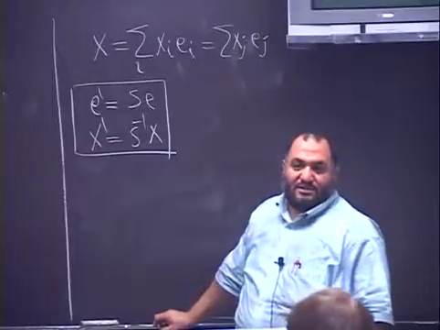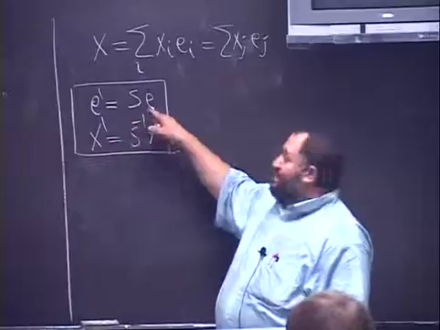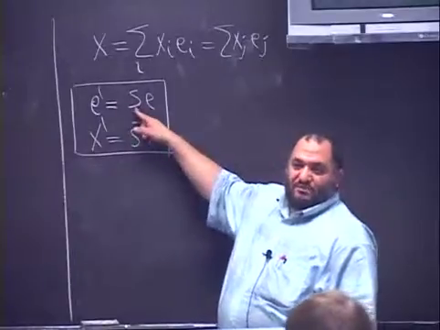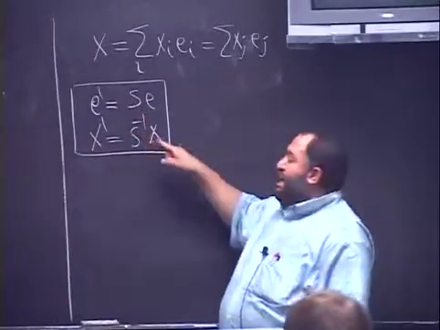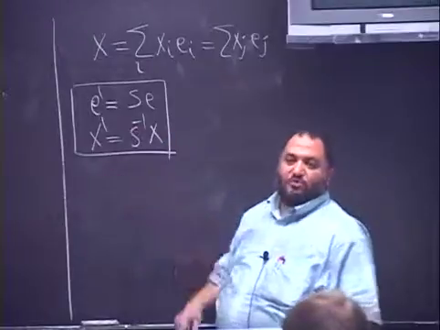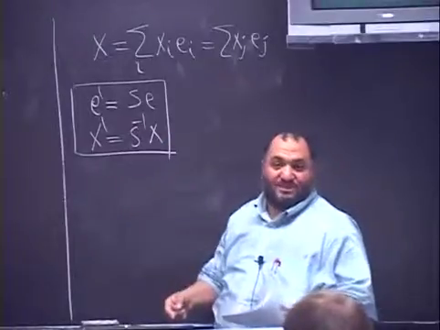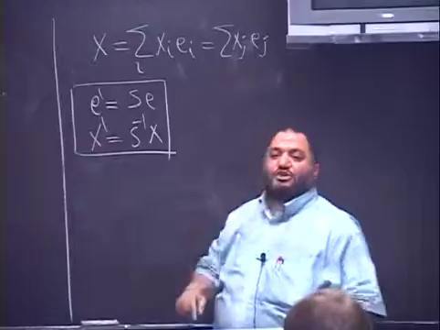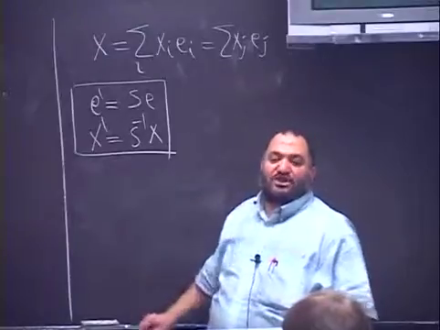Did you understand? So the fact that the bases will transform with the transformation matrix S, and the components will transform with the inverse of the transformation matrix S, indicates that you will have your vector unchanged.